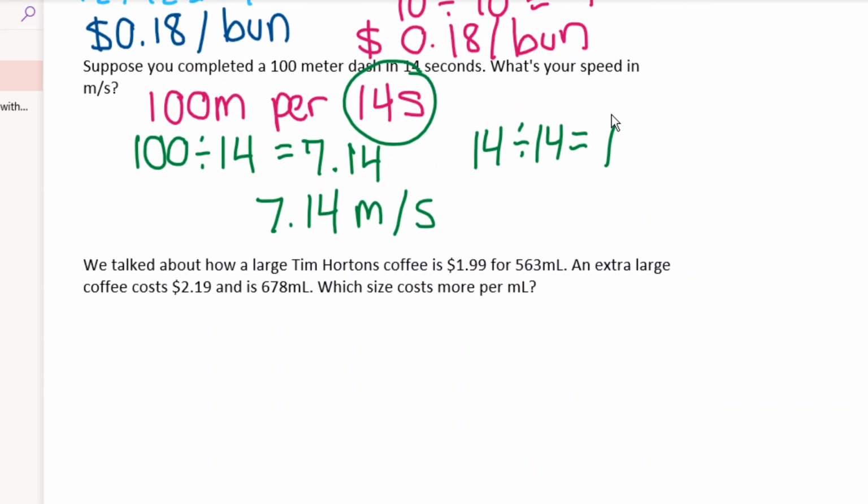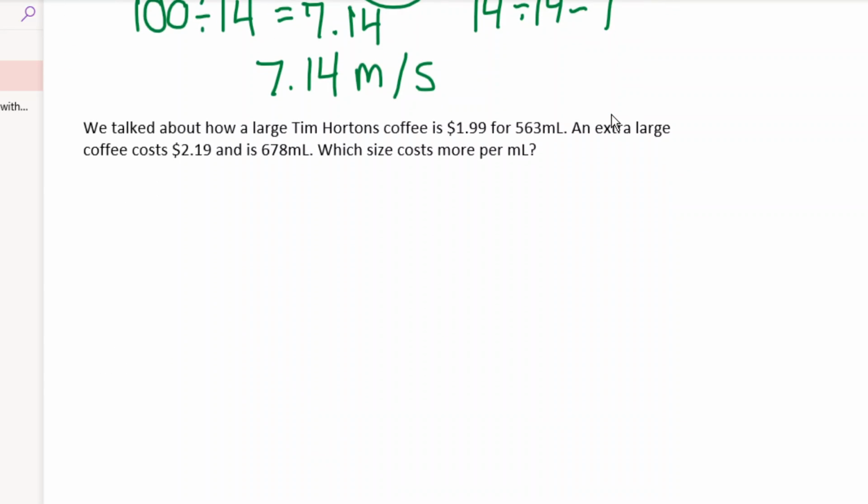Okay, and we have one more example here. So we talked earlier in this very video about how a large Tim Hortons coffee is $1.99 for 563 milliliters. An extra large coffee costs $2.19 and is 678 milliliters. Which size costs more per milliliter? All right?